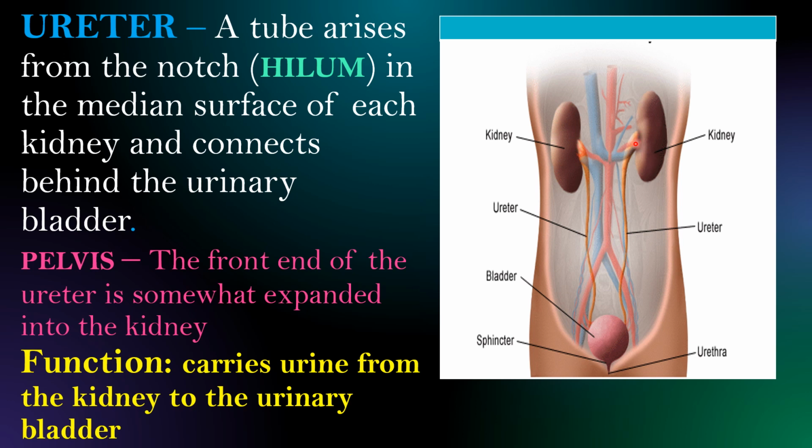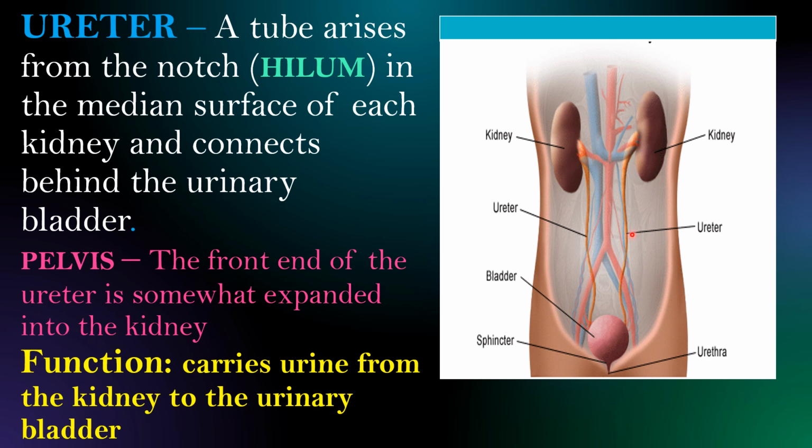This ureter arises from the notch or hilum, the median surface of each kidney, and connects, where will it connect? It will connect behind the urinary bladder. This we call the urinary bladder. Behind that urinary bladder, the ureter will connect. It arises from the notch or hilum of the kidney, then connects behind the urinary bladder.